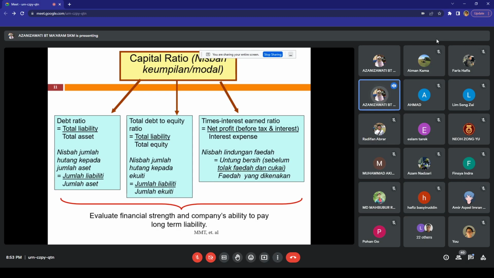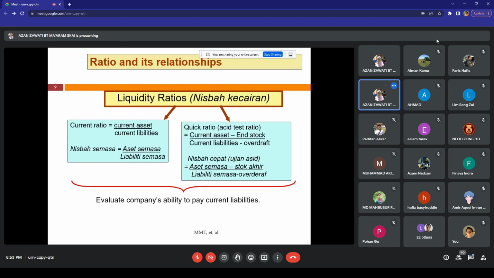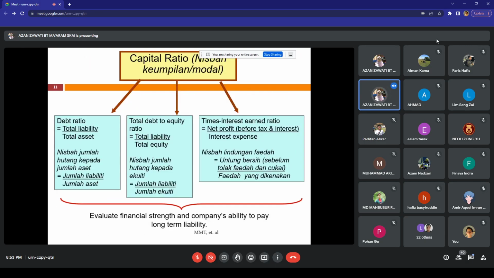This is in contrast with the liquidity ratio, because for liquidity ratio we are based on what we have divided by what we owe. But for capital ratio, it is based on our liability divided by asset. Okay.